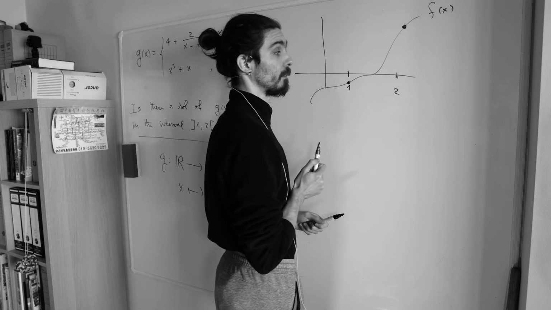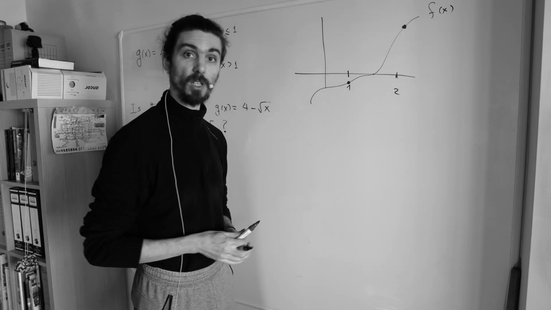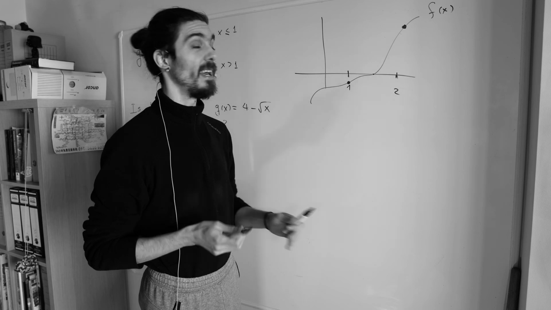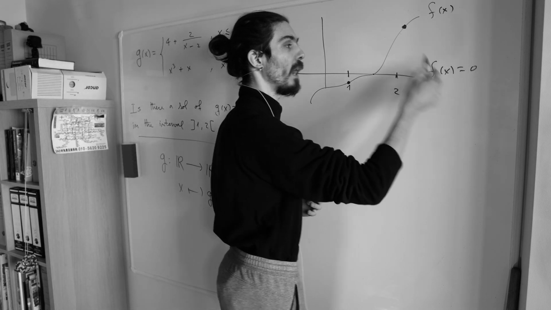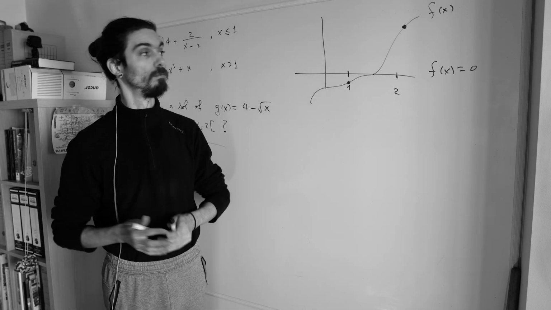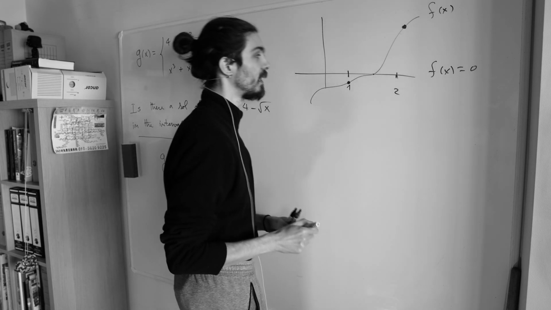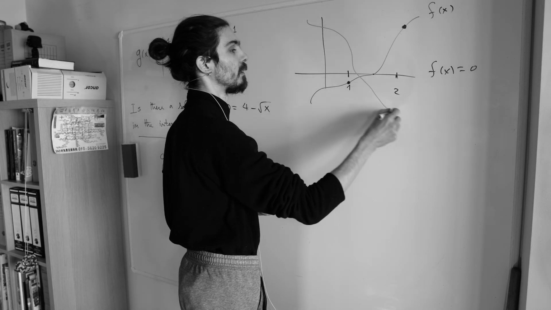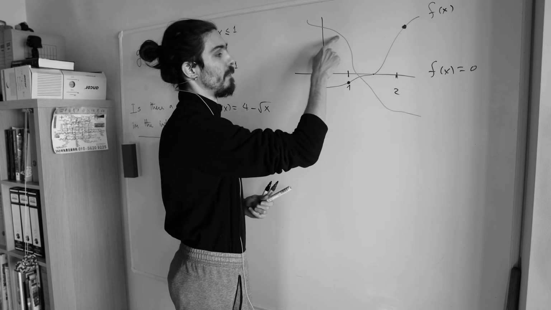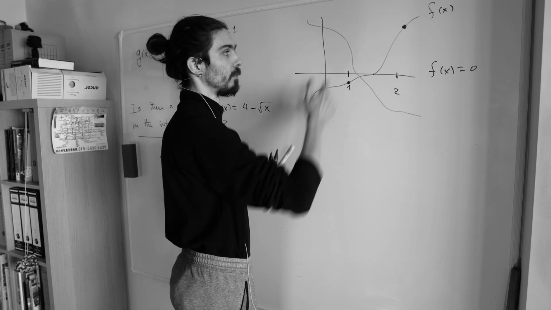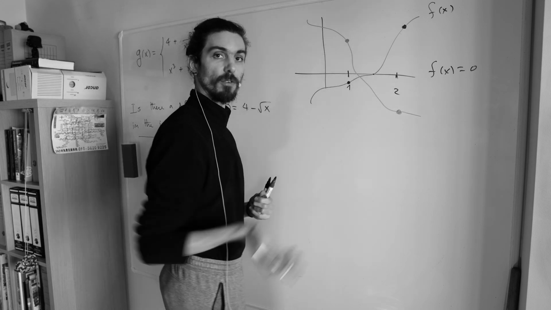So this is f of x. But to say that f of x crosses the horizontal axis somewhere between these points is the same thing as saying that f of x equals 0 has a solution between 1 and 2. On the other hand, if our function instead behaves like this, again, the image of 1 is positive, the image of 2 is negative, so they are different.